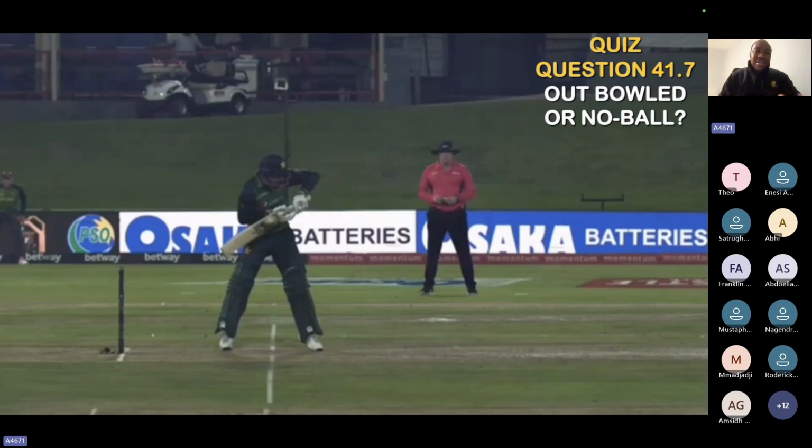So it's not a team warning. It is a warning for the bowler who delivers the full toss above waist height directed at the striker.